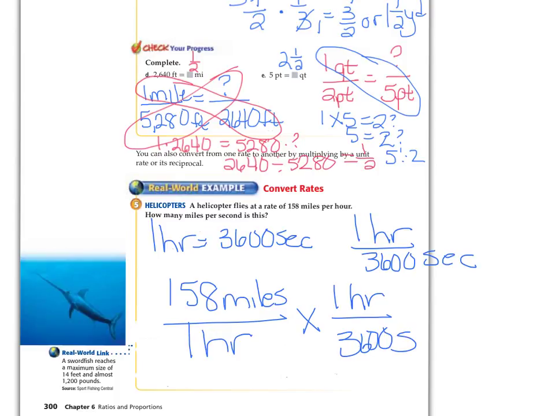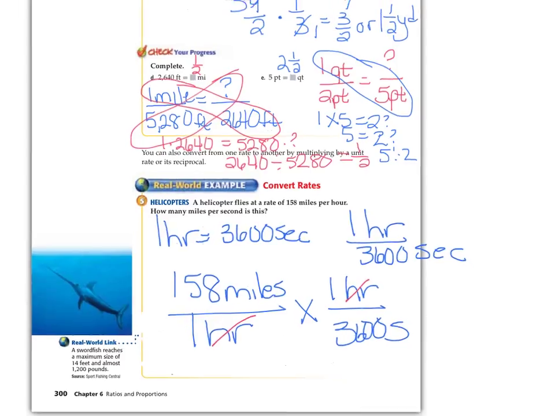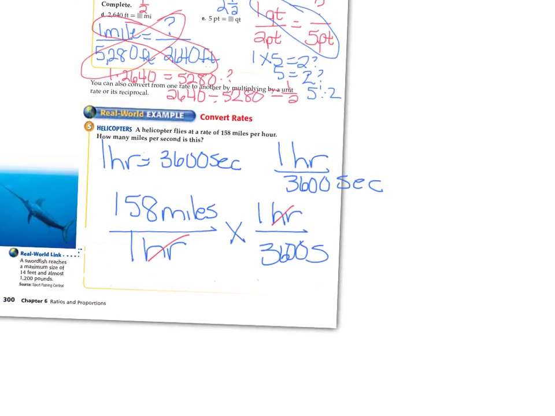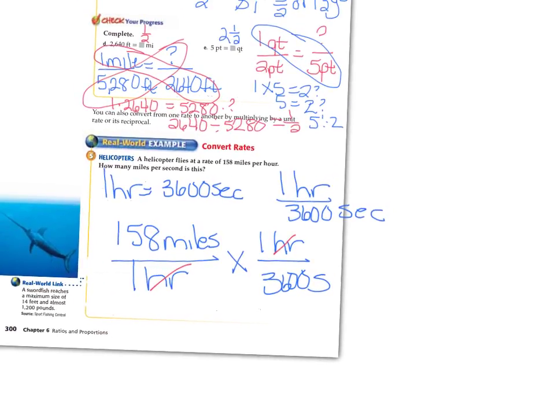Divide out your common units, which are the hours, cross those out, and then you will be left with 158 divided by 3,600, because you end up multiplying and you get 158 miles over 3,600 seconds.